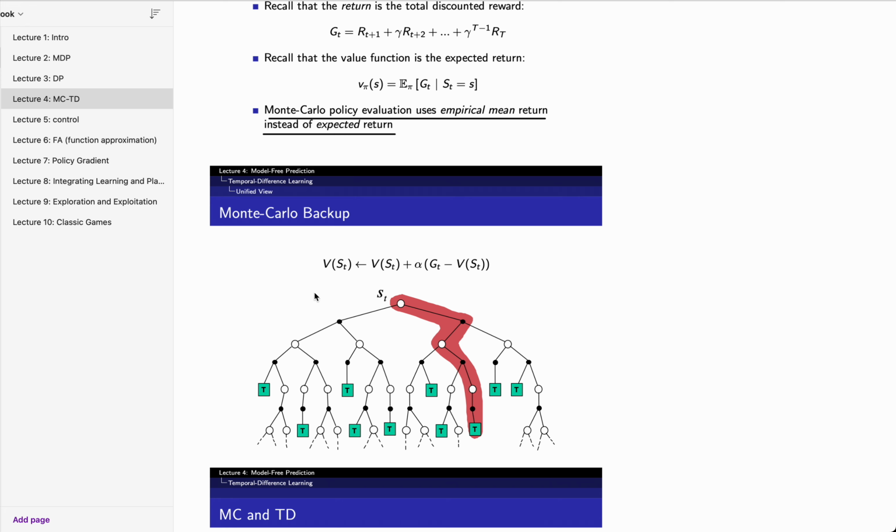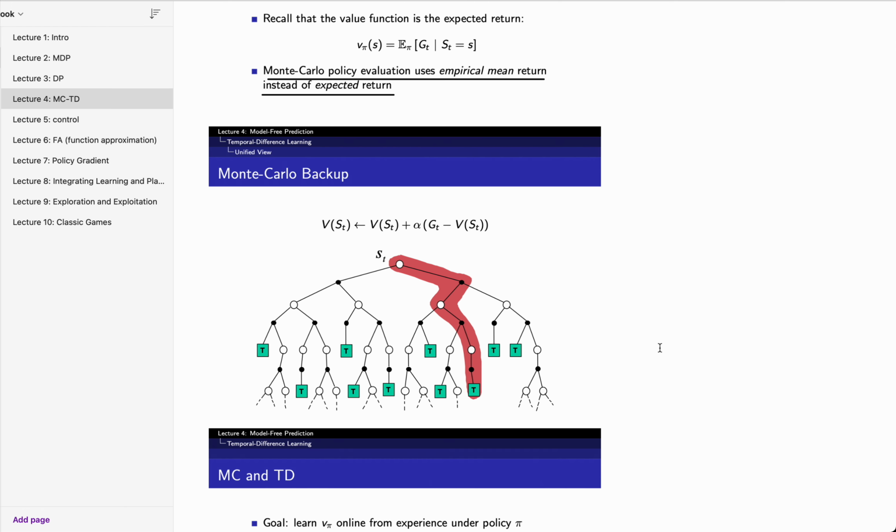So he's going to update V(S) a little bit in the direction of the difference between the goal and V(S). So that's the Monte Carlo backup.